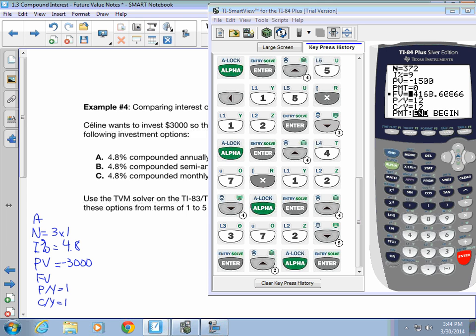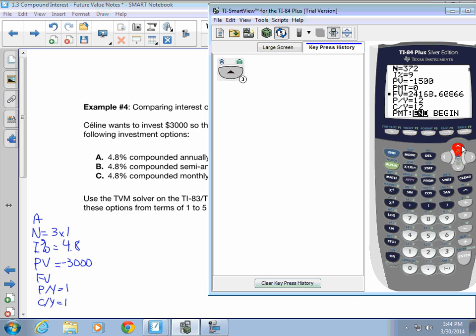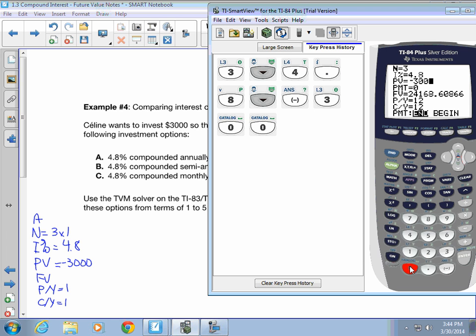So if I go into here, move to the top. Our N is equal to 3 for this one. Interest rate was 4.8. Present value, we're investing $3,000. Make sure you use a negative and not a minus, because you will get an error on that one. Our payments per year is once because it's annual.